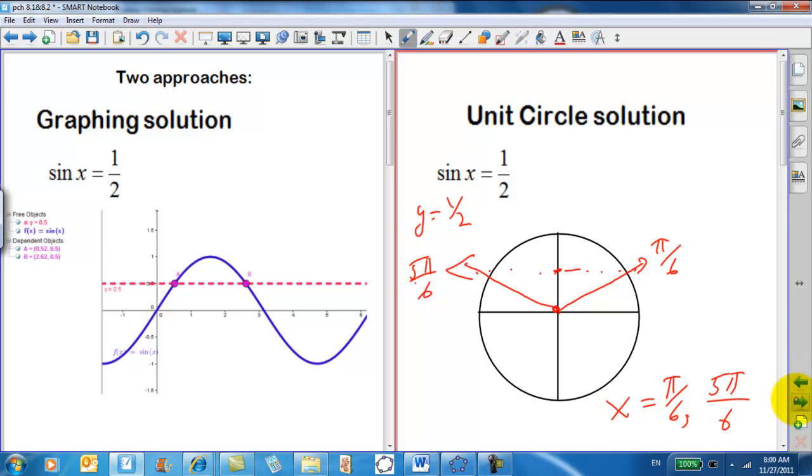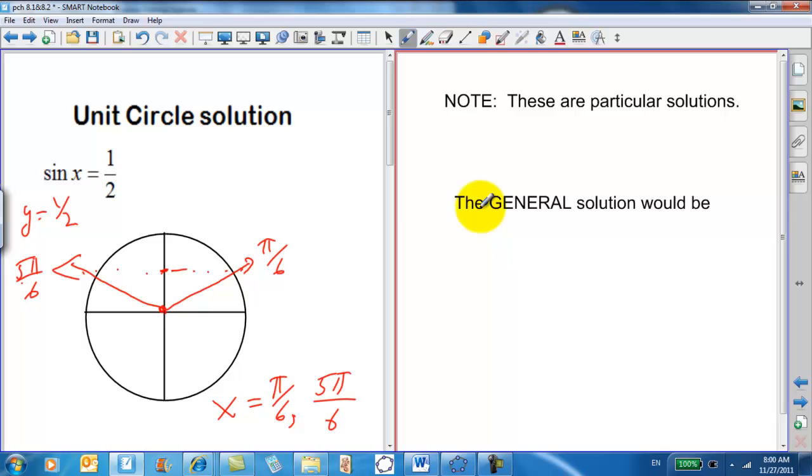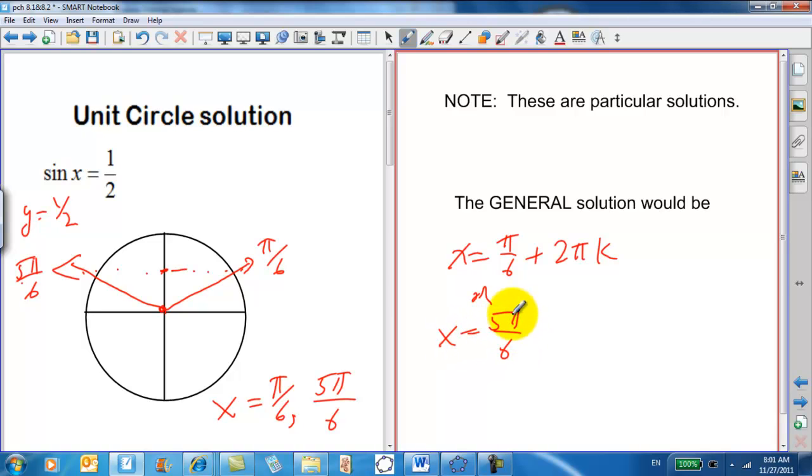But technically, if I just said solve sine of x equals a half, the answer would be x equals pi over 6 plus 2 pi k, or x equals 5 pi over 6 plus 2 pi k. And these are infinite solution sets where k equals any integer.